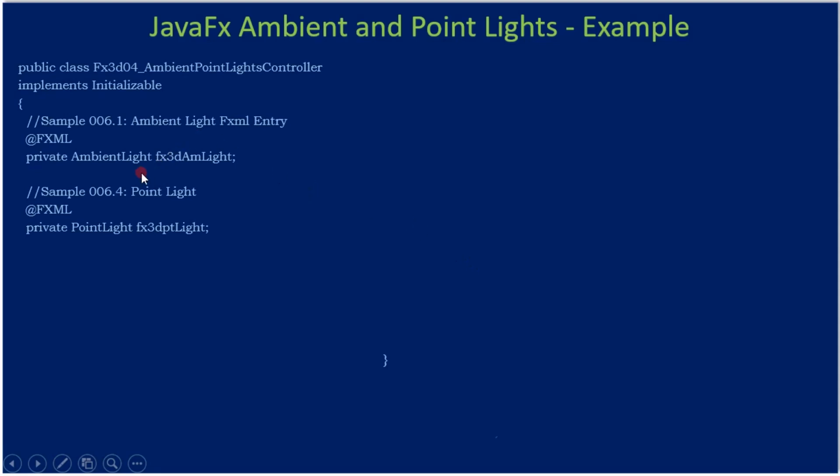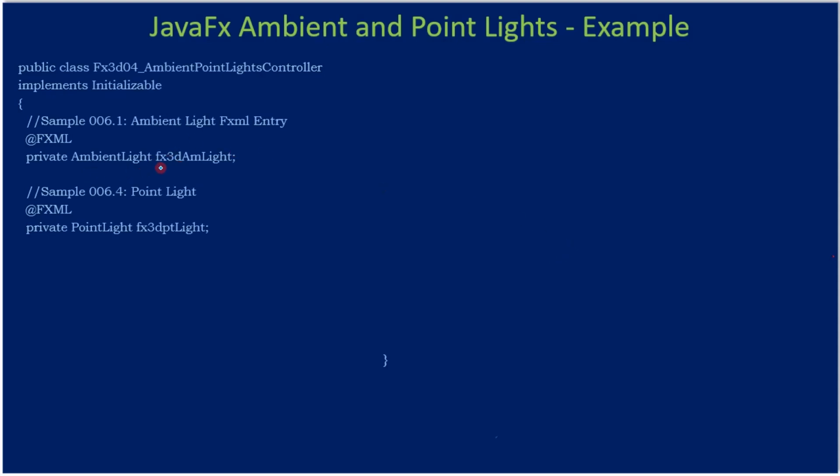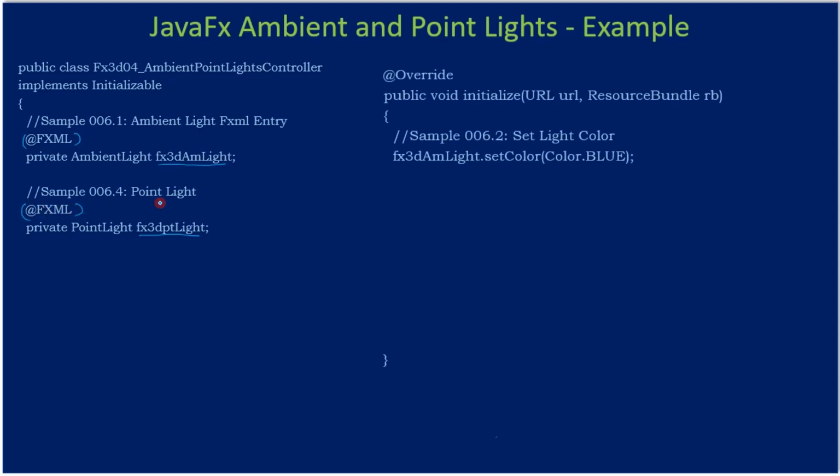Alright, so we have to look at the controller code as well. In Scene Builder, we make an fx:id for ambient light as well as point light. So we have 2 instances, and we have the FXML entry as well. When we go to the demo, we will set ambient light with blue color.